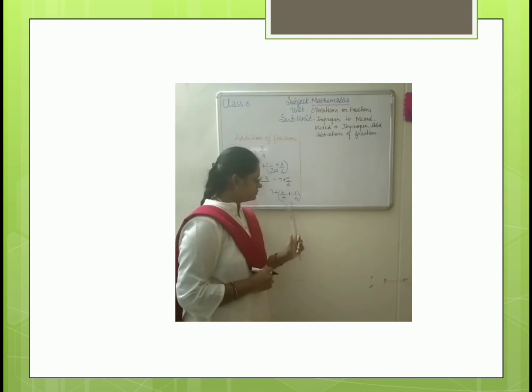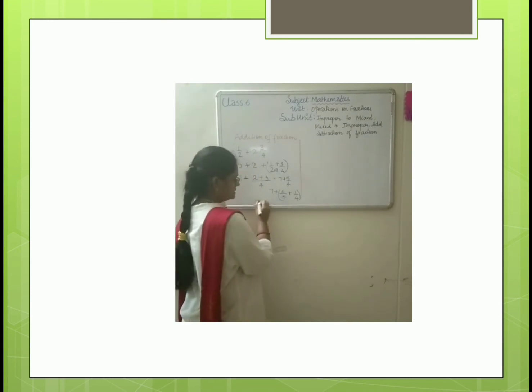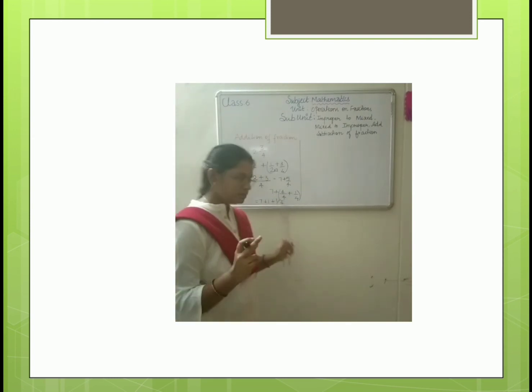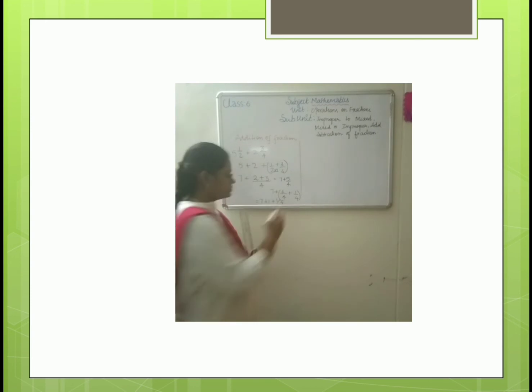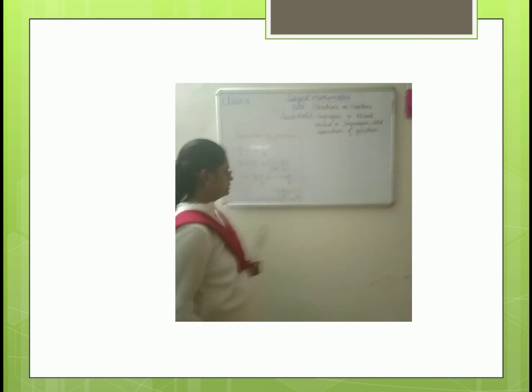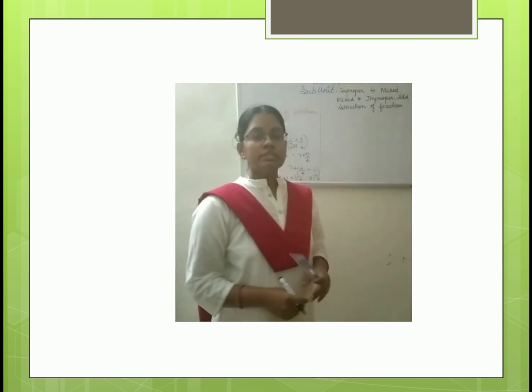That is equal to what? 4 by 4 is 1. So 7 plus 1 plus 1 by 4. That is equal to 8 1 by 4. That is equal to 33 by 4.